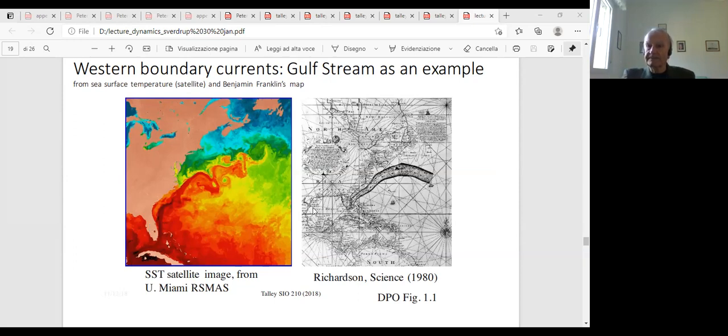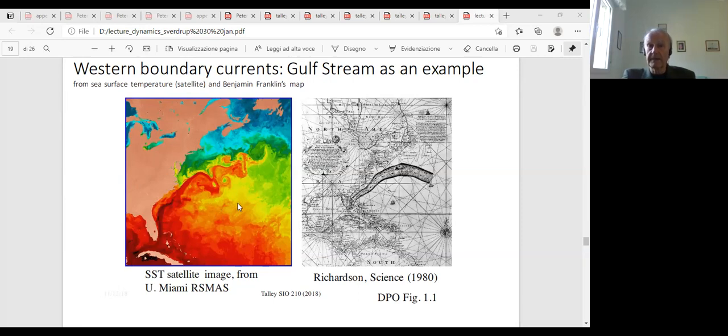One of the first observations of the Gulf Stream was in the 19th century, because a lot of ships were navigating, so they noticed the presence of a strong current here. Here the currents are on the order of 10 centimeters per second, but suddenly you enter an area where the current is 1.5 meters per second at the surface.